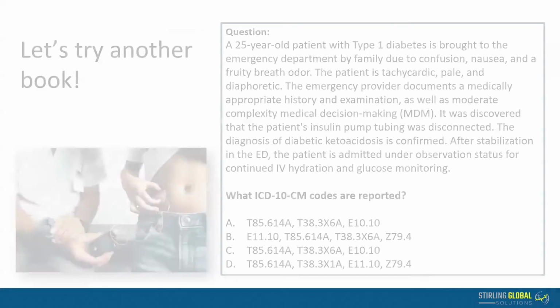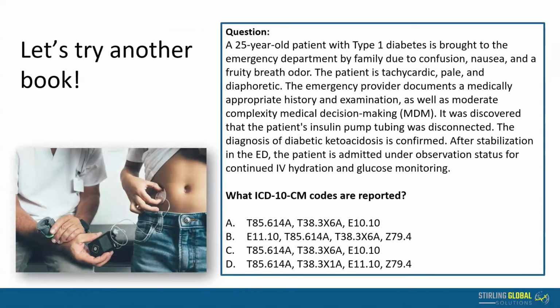Let's switch it up and crack open the ICD-10 ebook because CPT had its moment and now it's time for diagnosis drama. A 25-year-old patient with type 1 diabetes is brought into the emergency department by family due to confusion, nausea, and fruity breath odor. The patient is tachycardic, pale, and diaphoretic.